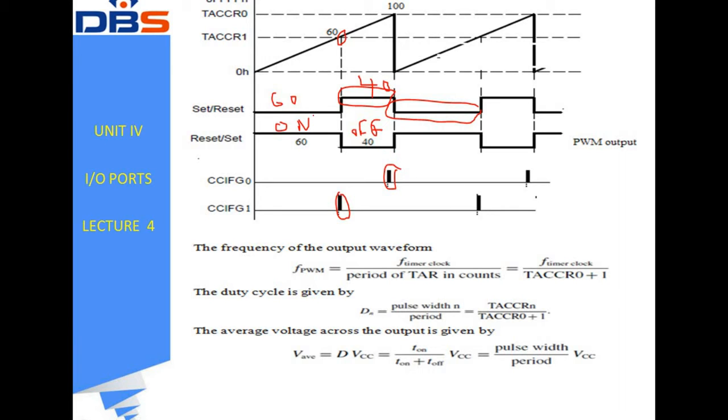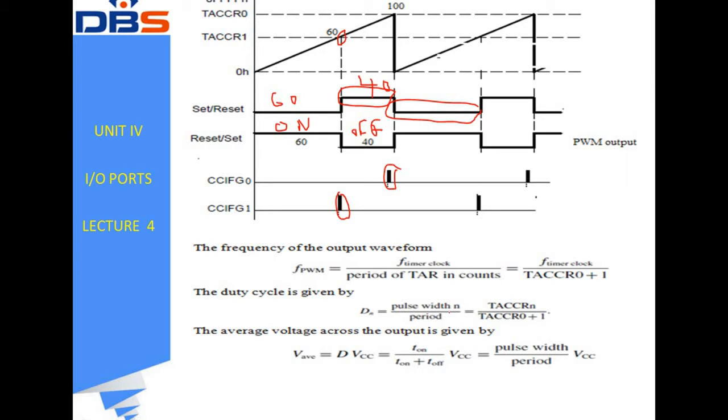So how many timer clocks are coming out, divided by the total number of clocks, that is, divided by 100. See here, coming to duty cycle, we are going to calculate the pulse width divided by the period.